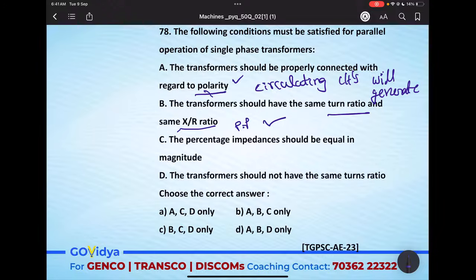This is also true. The percentage impedance should be equal in magnitude. Yes, this is also true. If it is equal, the load sharing will be according to their impedance.